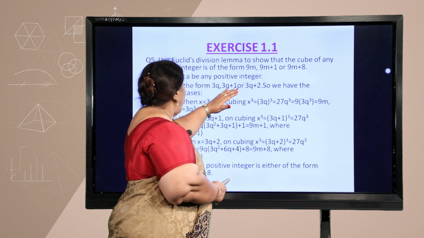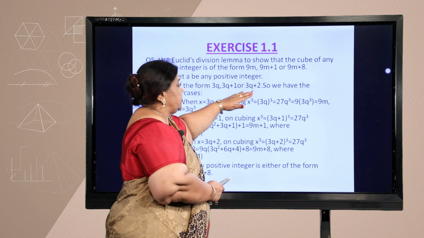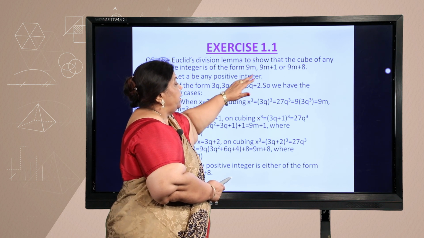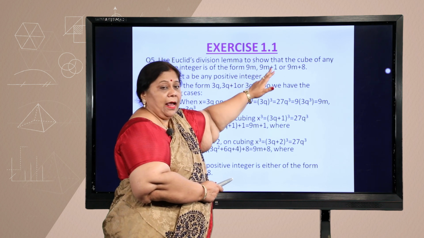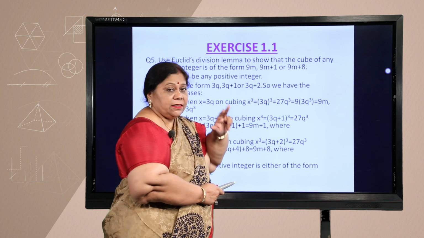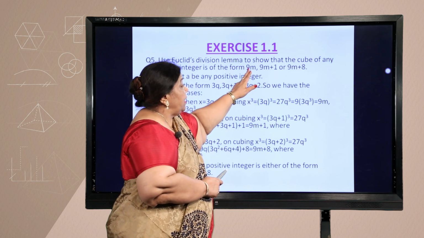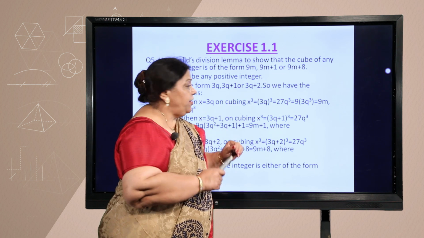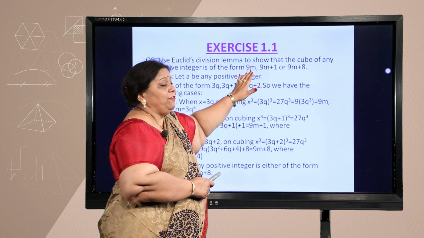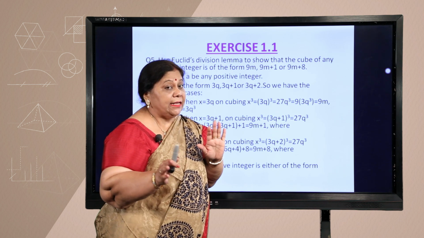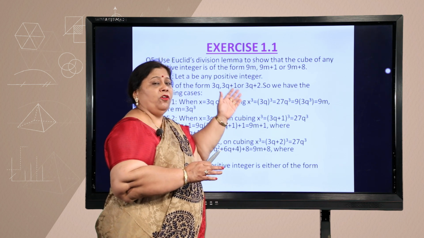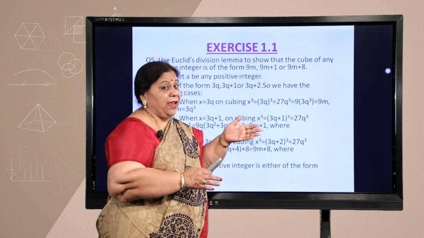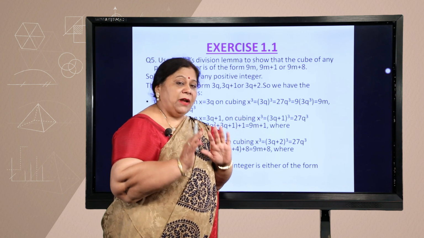Let us see how we can solve these three cases and show that it is expressed in the form 9m, 9m plus 1 or 9m plus 8. Remember, I am not taking 9q, 9q plus 1 and so on, because if I take this, I will have to prove it for all the 9 cases, when the remainder is 0, 1, 2, 3, 4, 5, 6, 7 and 8. That will become lengthy.